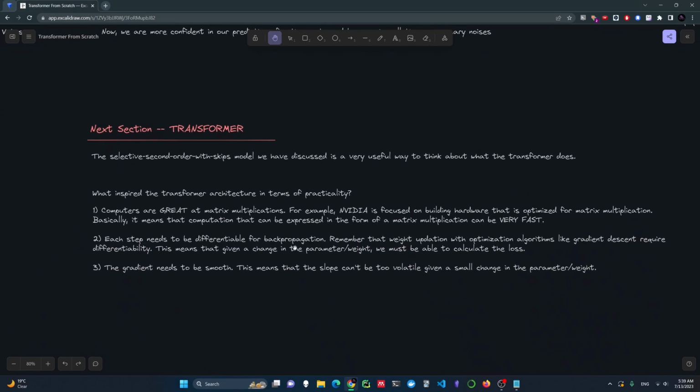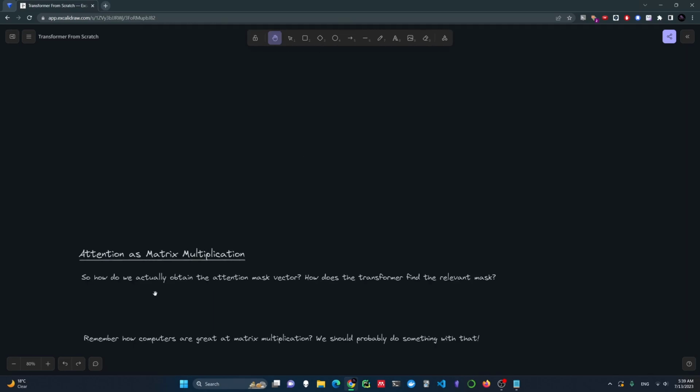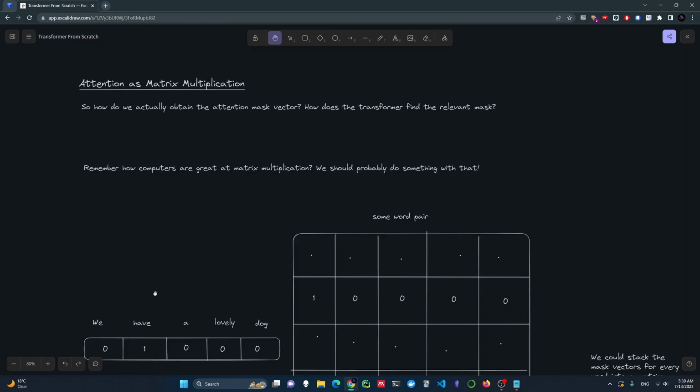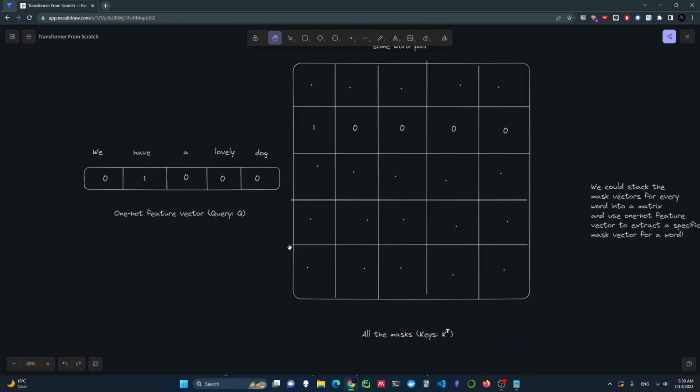We talked about what inspired the transformer architecture in terms of practicality. We have to focus on matrix multiplications. Each step needs to be differentiable and the gradient needs to be smooth. We also talked about how we can express attention as matrix multiplication, because we want as many things expressible as matrix multiplication as possible.